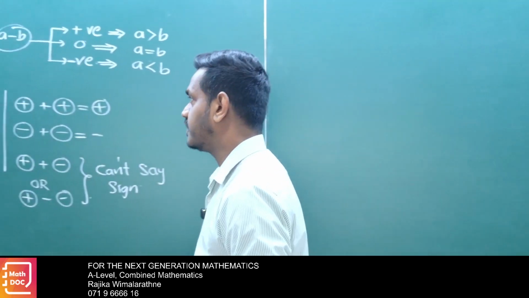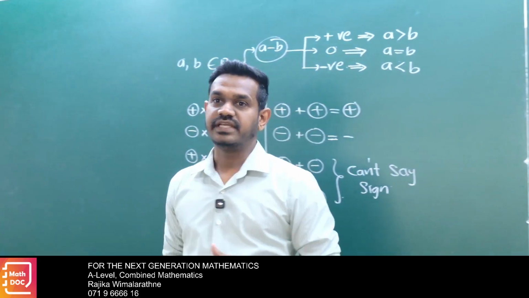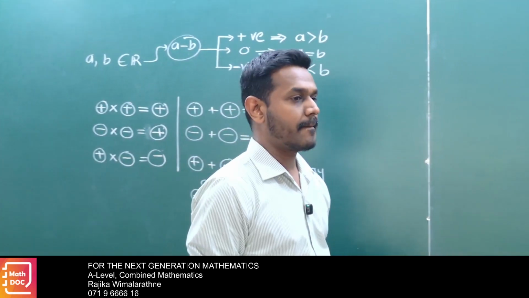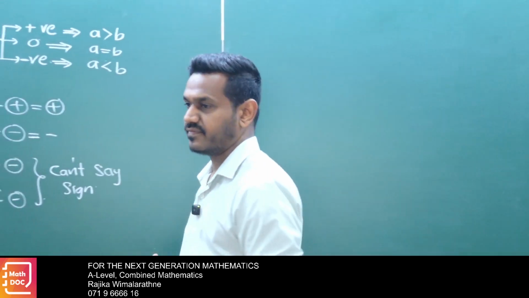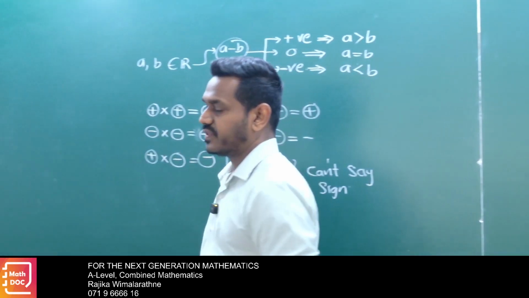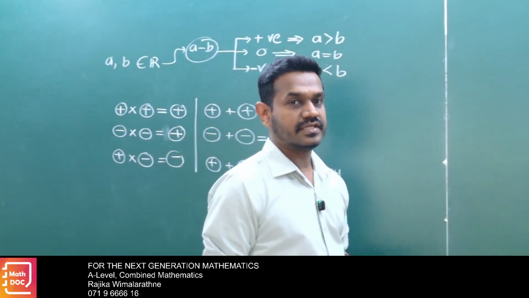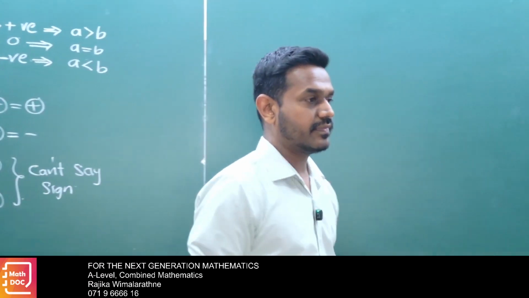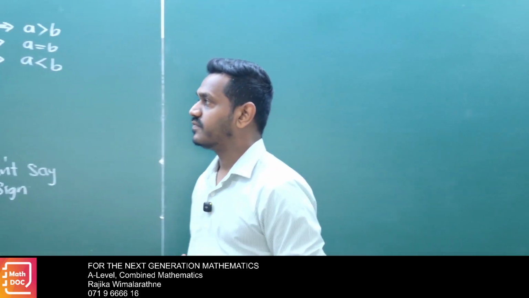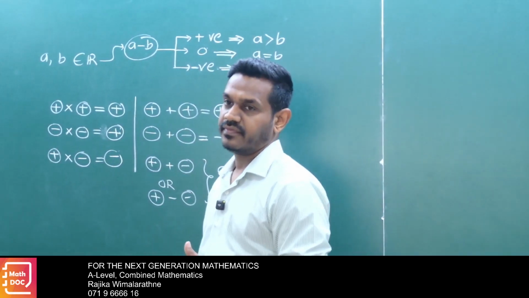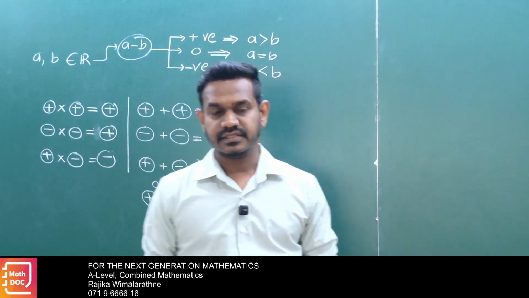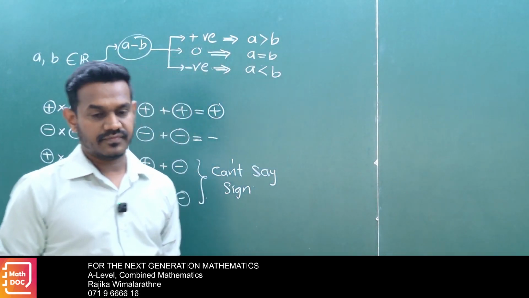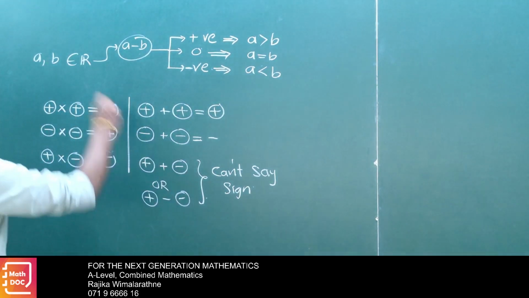Close the bracket and further write: for these possibilities, the relation between a and b can be written as given below. Okay, you just write only this part.